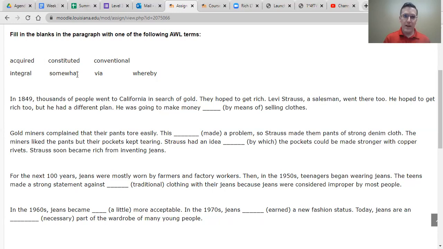Okay? If I know the word somewhat, and I know that's not an adjective, then I can ignore it, right? I don't look at it. If I've already used one of these past tense verbs up here, right, for made or earned, then I can ignore it. And I'm only going to look at adjectives that could go in here.